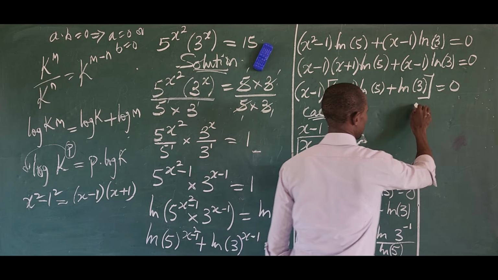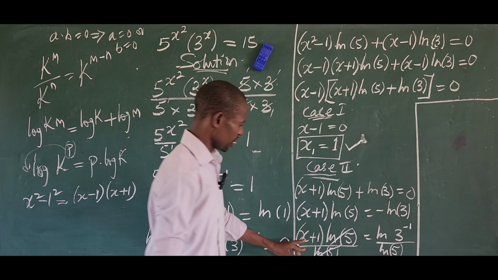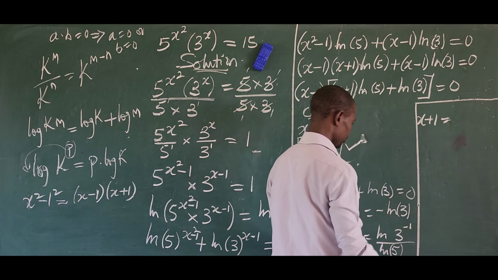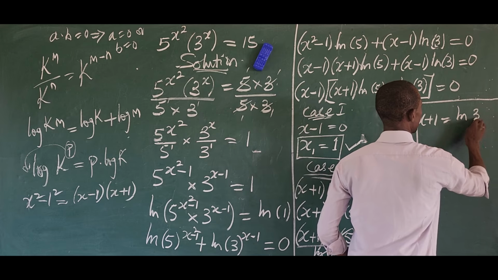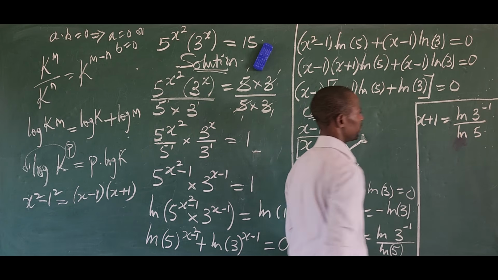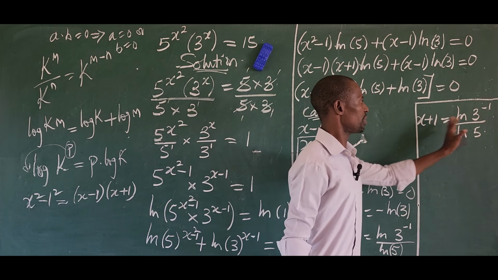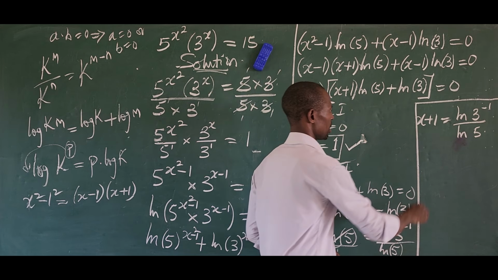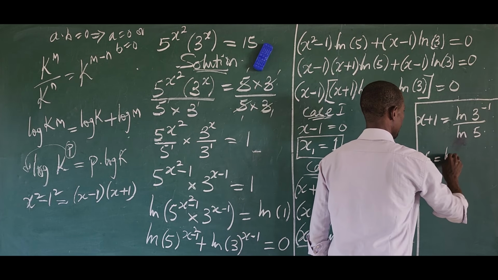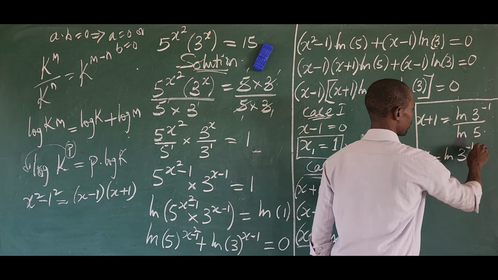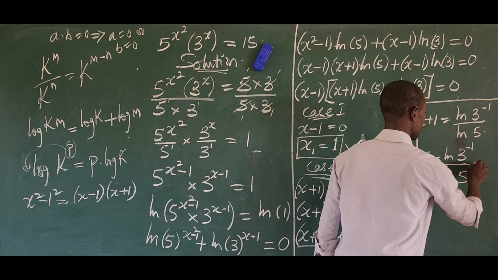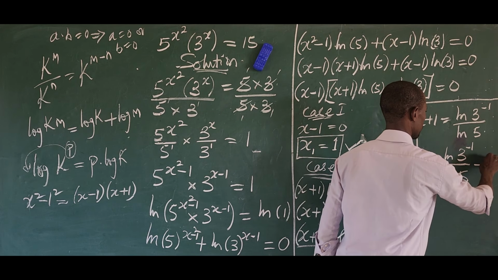So let's just manage the space here. So here we are now left with x plus 1 is equal to the ln of 3 to the power of minus 1 all over the ln of 5. We're looking for x, so quickly move this to the other side of the equation. And so this is going to give us x2 is equal to ln of 3 to the power of minus 1 all over the ln of 5, then minus 1.